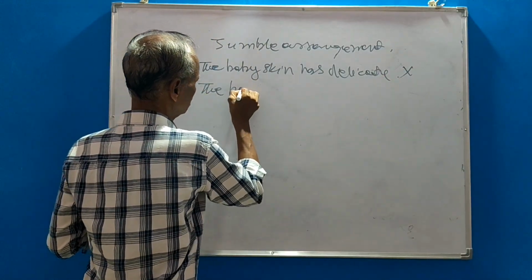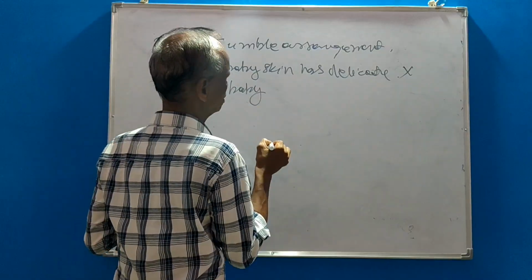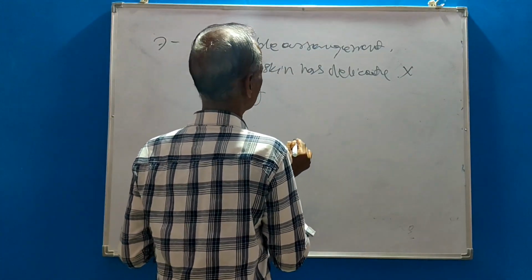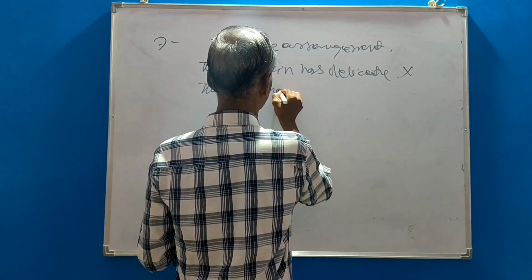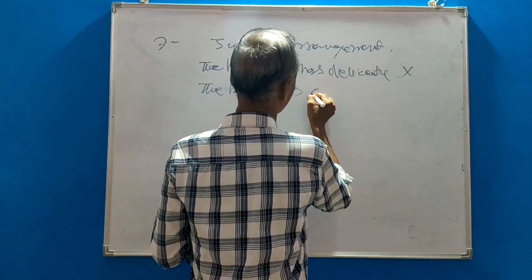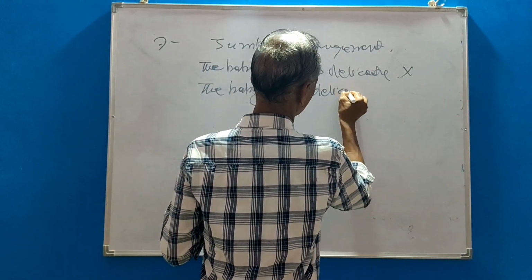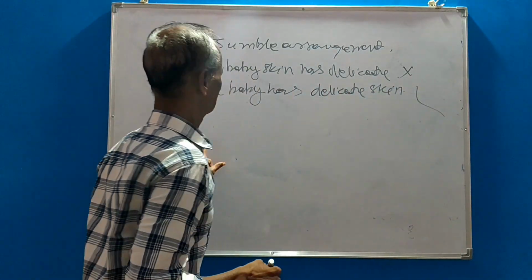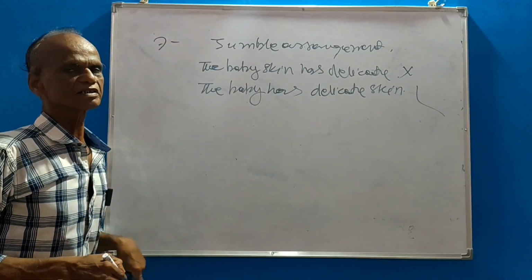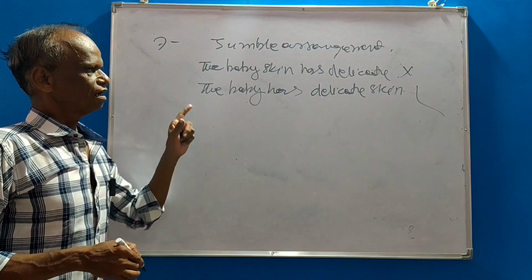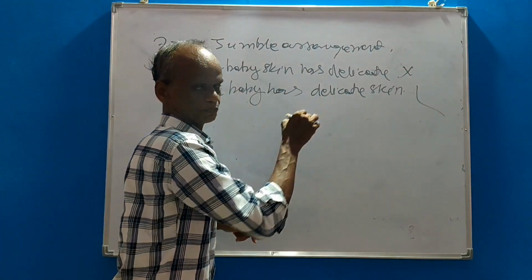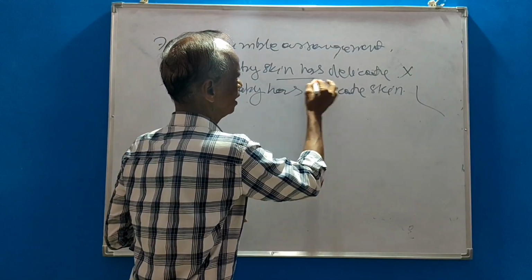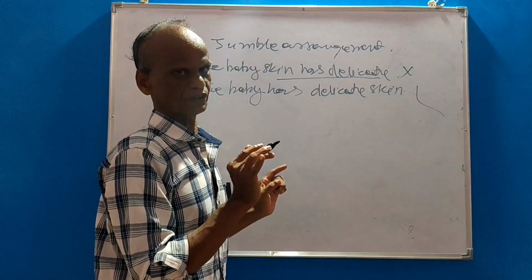"The baby has delicate skin." It is correct. The baby has a delicate skin. Delicate means soft. There is only a jumble arrangement of words.